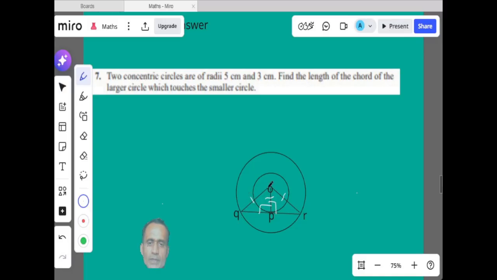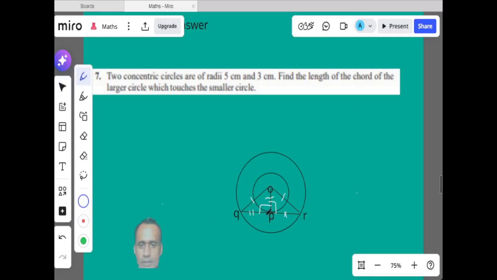So triangle OPQ is congruent to triangle OPR. So QP is equal to PR. And if we find QP, then the double of it will be QR, and that will be the length of the chord.